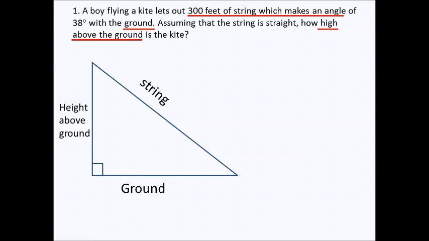The next step is to label the triangle with the values. We're told that the string is 300 feet long. Next, we're told that the ground and the string make an angle of 38 degrees. And we're asked to find the height above the ground. So we're going to let x represent the height above the ground.